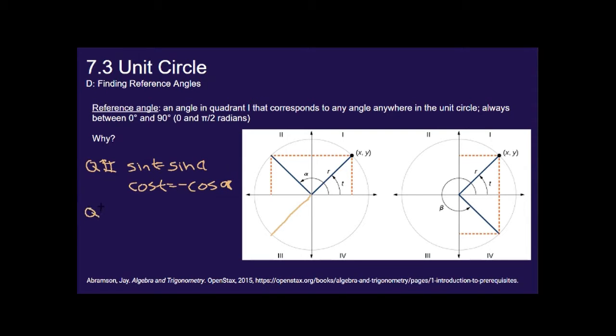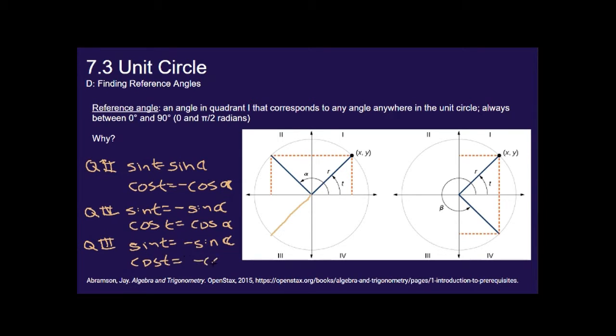In quadrant 4, the sine of t is equal to the negative sine of alpha, and the cosine of t is equal to the cosine of alpha. In quadrant 3, they would both be opposites. So the sine of t is equal to the negative sine of alpha, and the cosine of t is equal to the negative cosine of alpha.